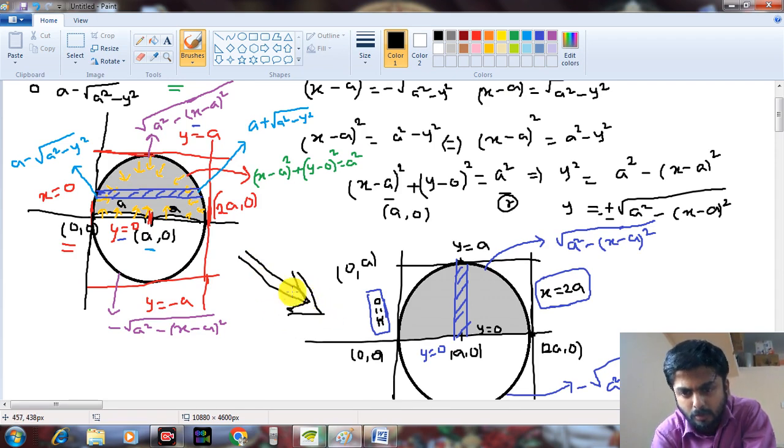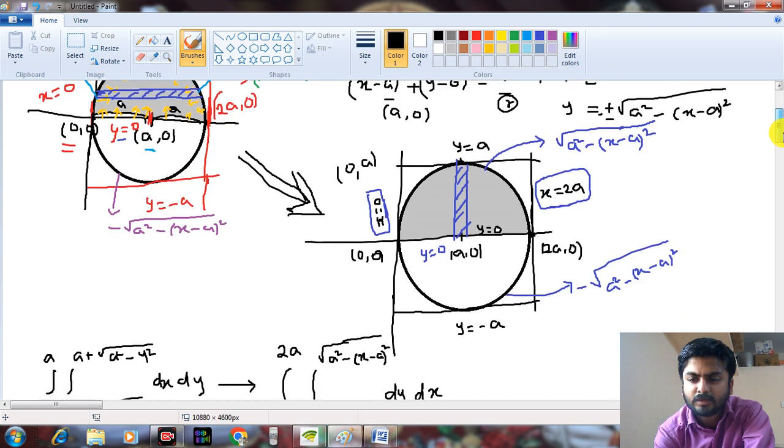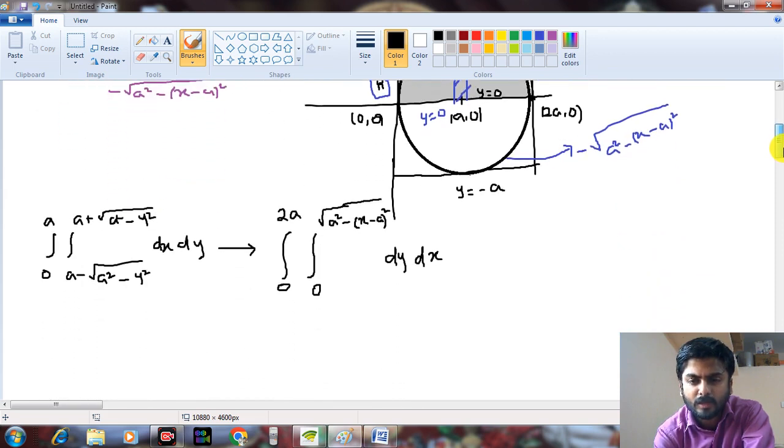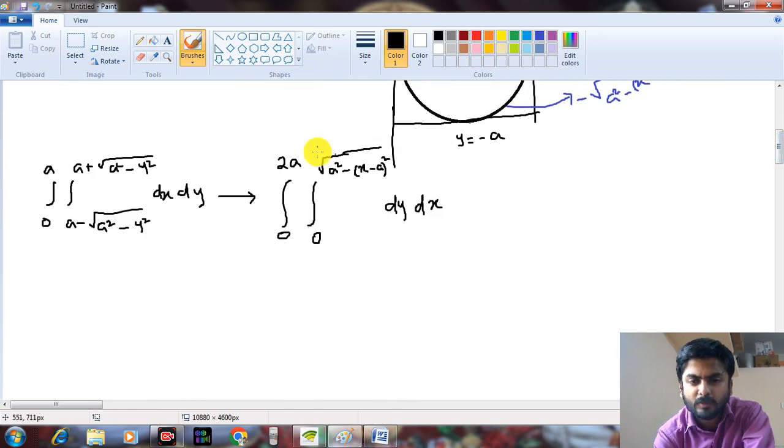You have to be very clear about fixing the region of integration and fixing the strips, and also how to change the limits according to that. Now instead of solving the integration with both variable limits, we are going to solve with only one variable limit. So what will be easy? Definitely this will be easier than this. So we are going to solve this.